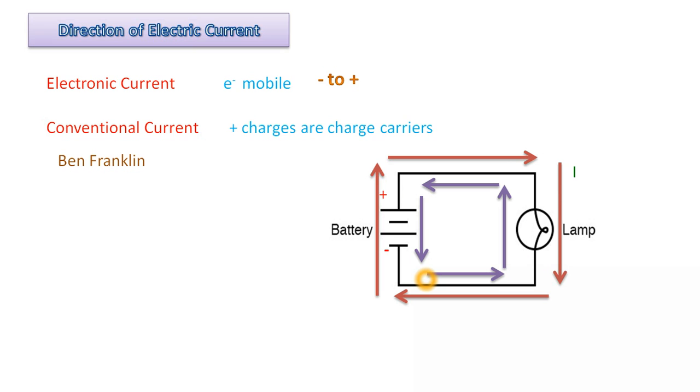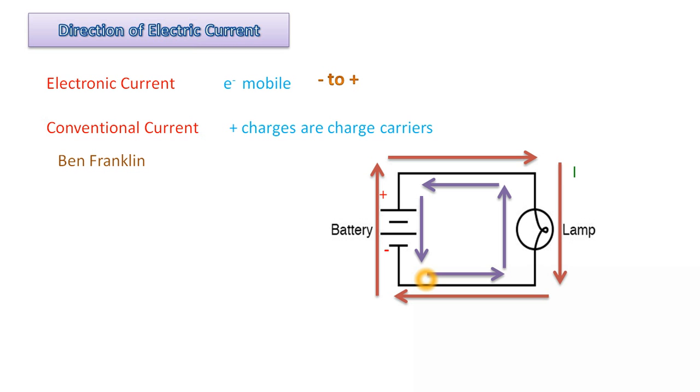As per Franklin, this should be the direction of current. So current should flow from the positive terminal towards the negative terminal through the external circuit. Since this convention was set long back by Franklin, this current is termed as conventional current.